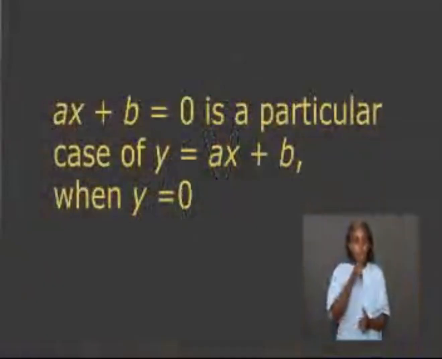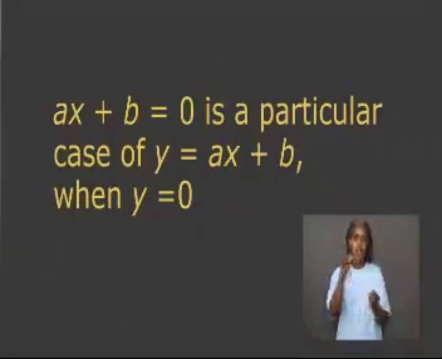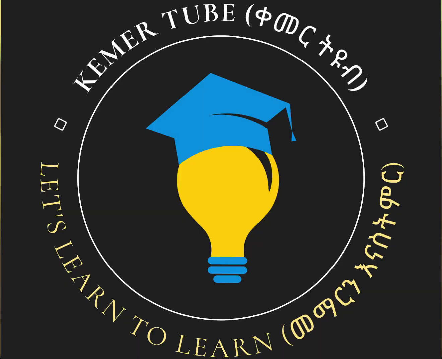A times x plus b equals 0 is a particular case of y equals a times x plus b when y equals 0. This means that for different values of y, there will be different equations with their own solutions.